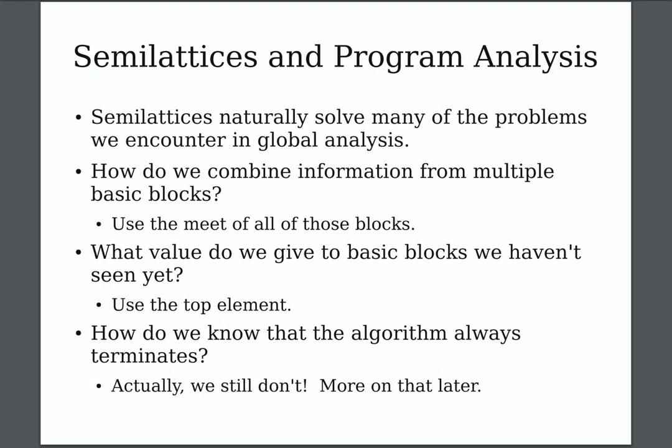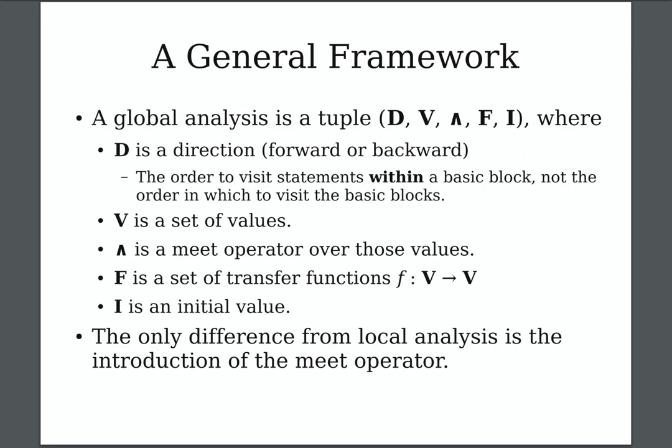It gives us a formal way to describe how we combine these data flow facts, these abstract values that we assign to basic blocks and to statements. And so if we want to combine them, we use the meet. If we want to give a value to basic blocks we haven't computed yet, we use the top. But this still doesn't get us to how we make sure that the algorithm terminates and how it is sound. But we'll talk about that in a second.